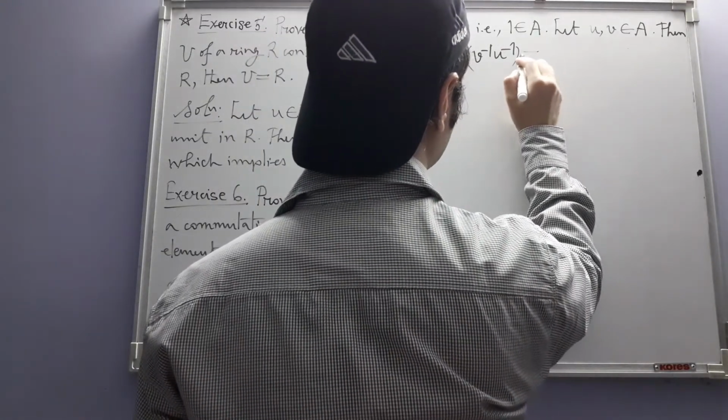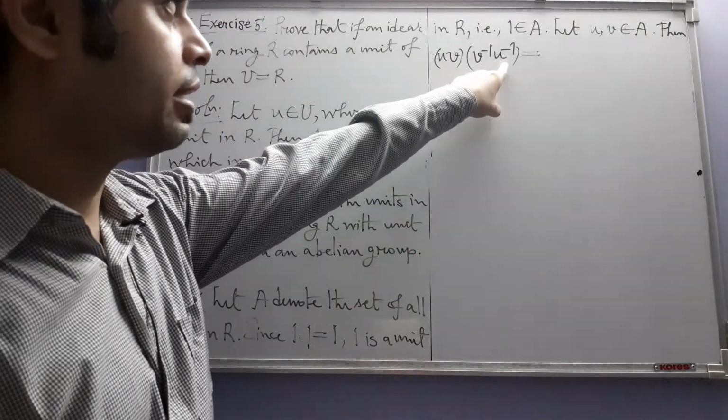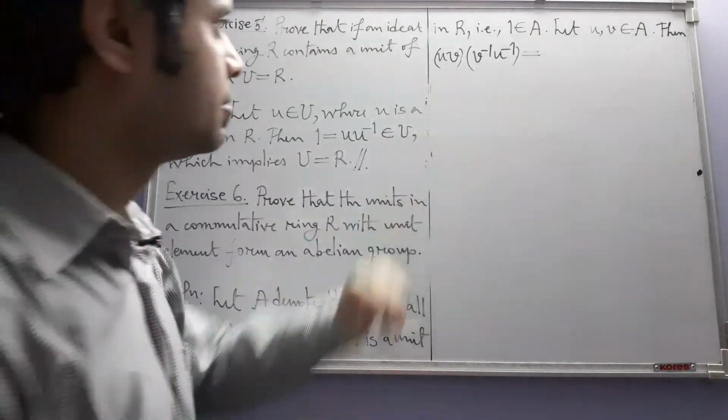Using the fact that u and v are units, we can see that these inverses exist.